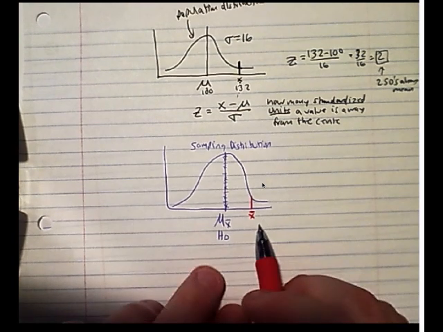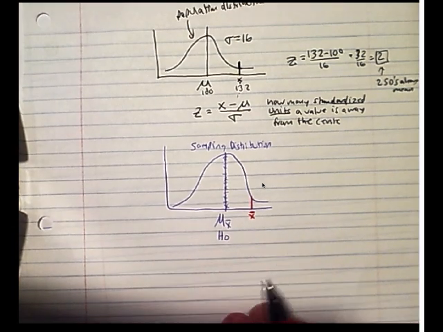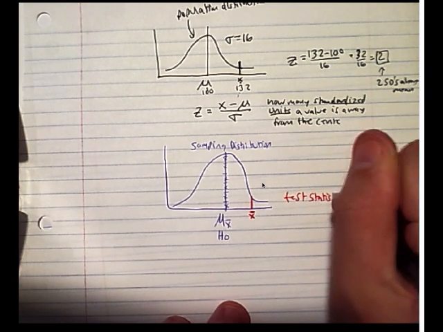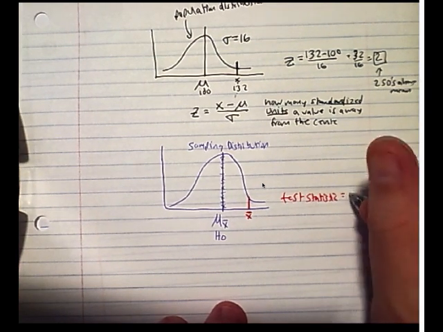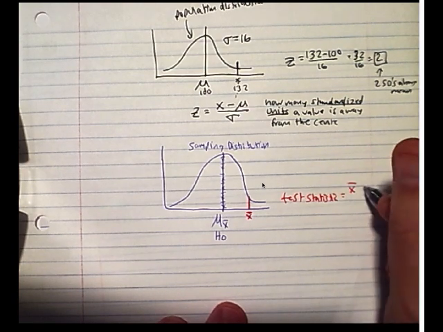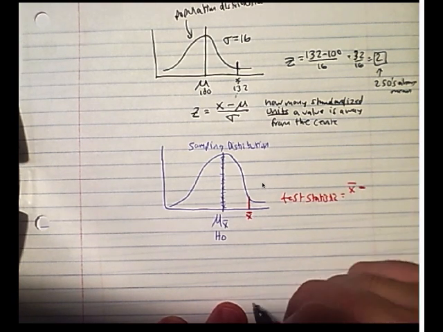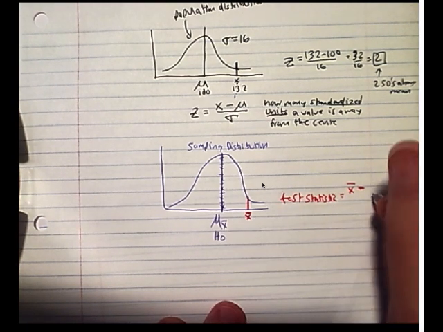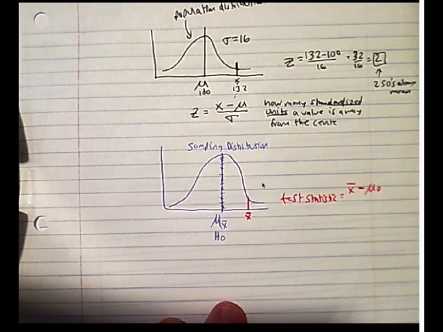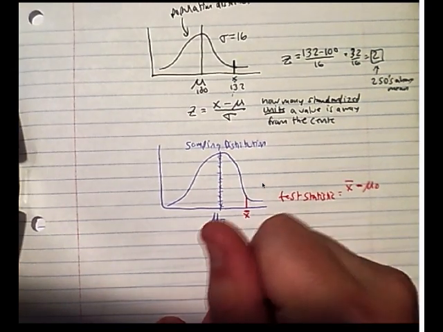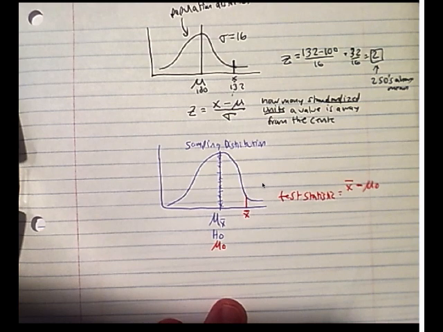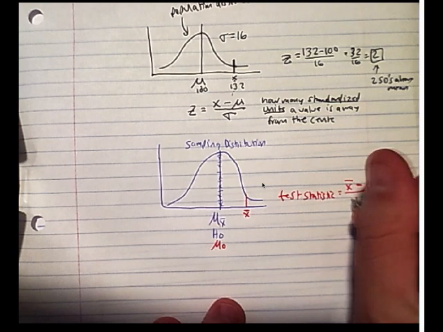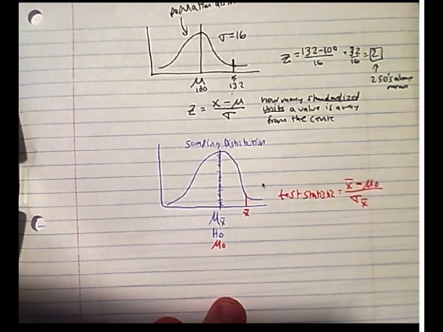So to find the standardized score, or the test statistic here, we would say, okay, where's our mean, minus what we think the mean of the population is, so we'll call that mu naught. Maybe it's 100, or whatever it is, over the sigma of the X bars.